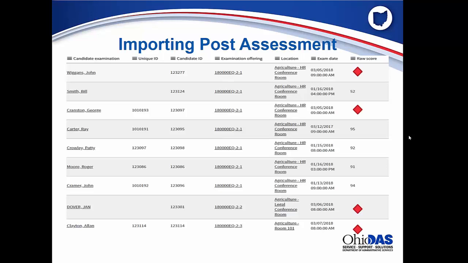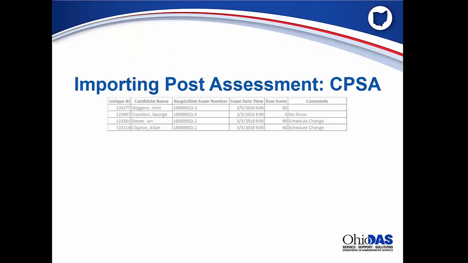So in our next slide, I want us to imagine that test candidates came in and took the test, and our proctor filled out the scores and the schedule changes on the roster spreadsheet that we would have sent to them. Okay? And then this would be the spreadsheet that we got back. So it would be basically those 4 diamonds that I had on the previous one. Notice that it has the 4 main columns: unique ID, rec exam number, exam date and time, and raw score.